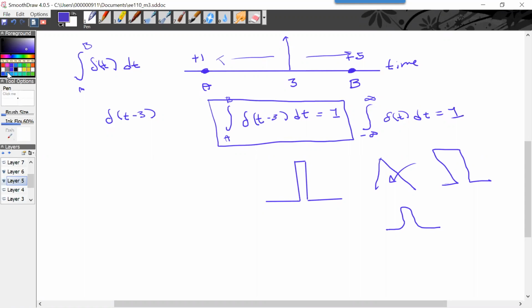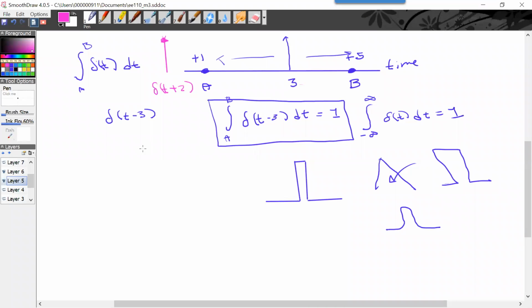All right, let's do another example. Let's call this the delta function. That's 1. We'll call that 2.